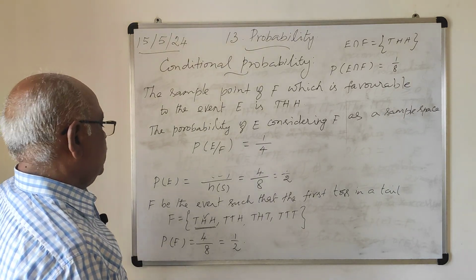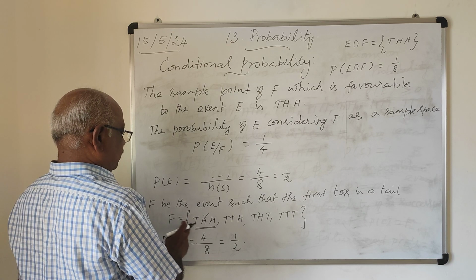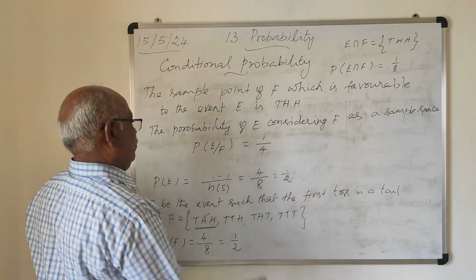That is, N of E is THH, by the favorable elements in the sample space F, which is 1, 2, 3, 4 elements. Therefore this is 1 by 4.